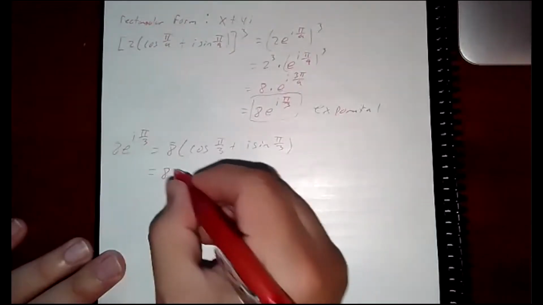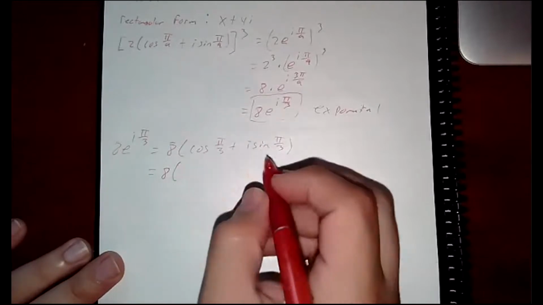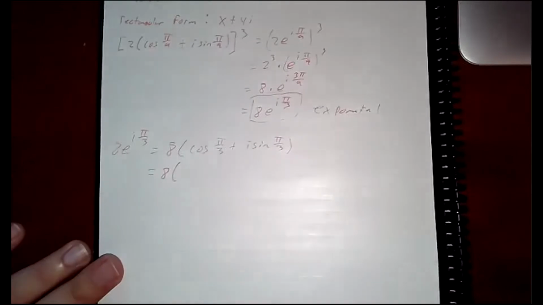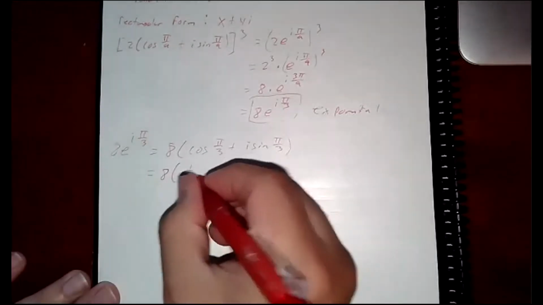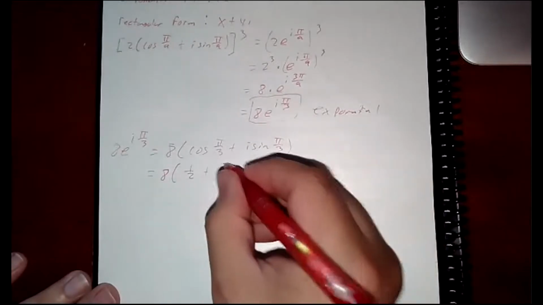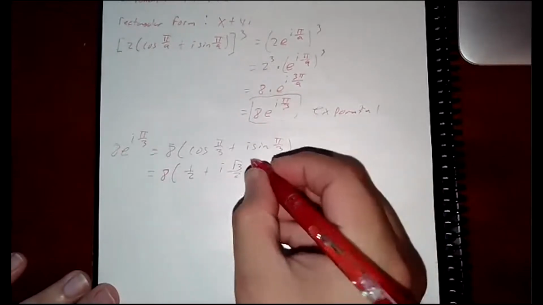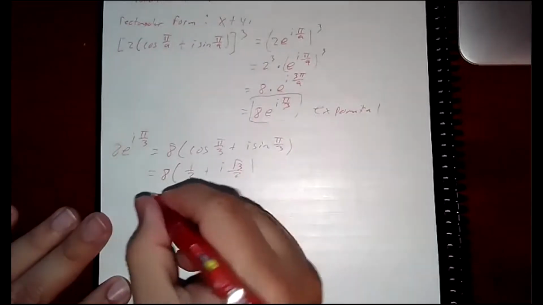So 8 times cosine of pi over 3 is going to be positive 1/2, so half, right? And then square root 3 over 2. So at that point, multiplied by 8, pretty much done.